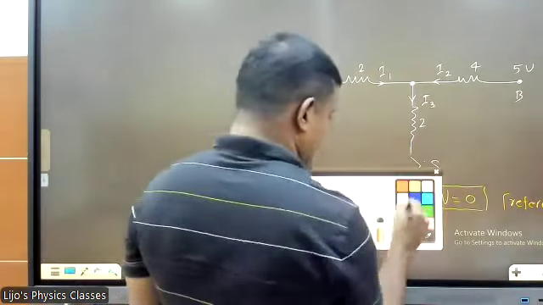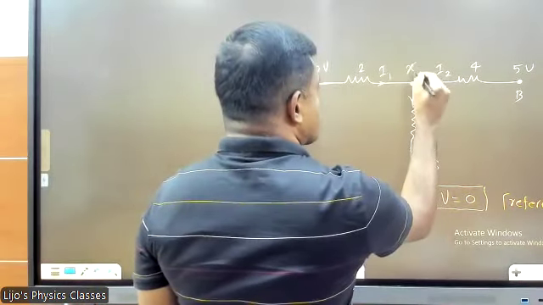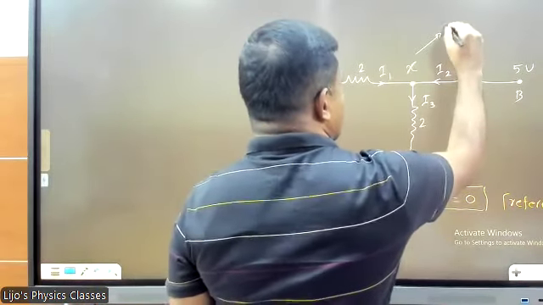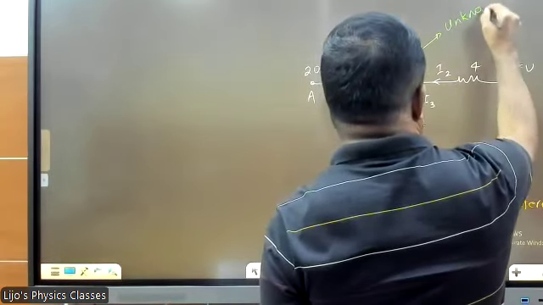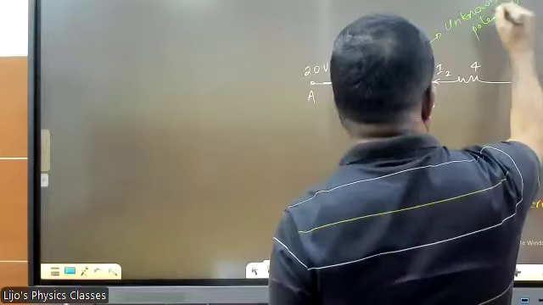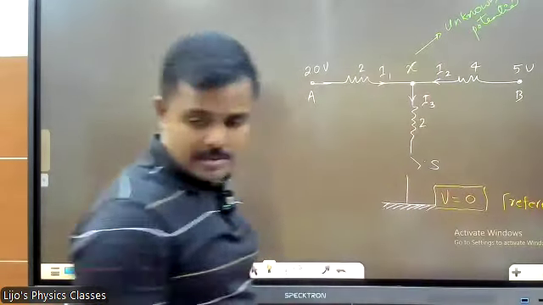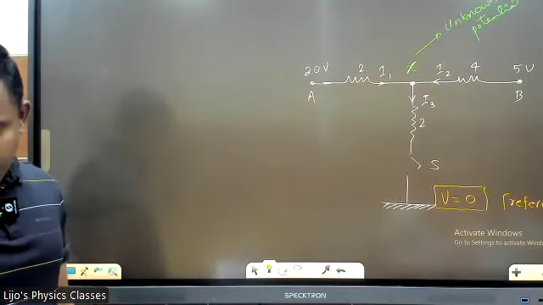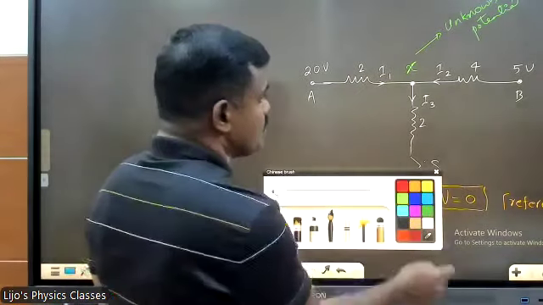For this junction, I call the potential X, the unknown potential. That potential I have no idea about.